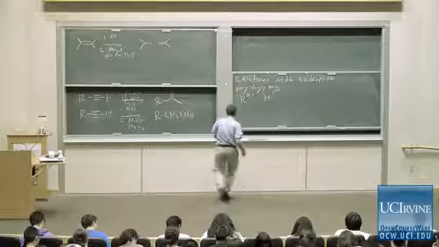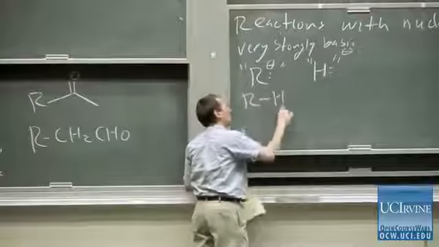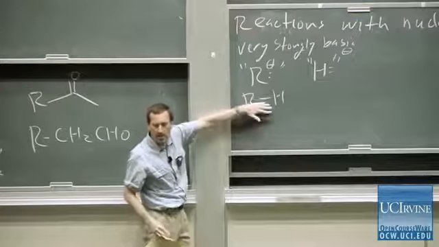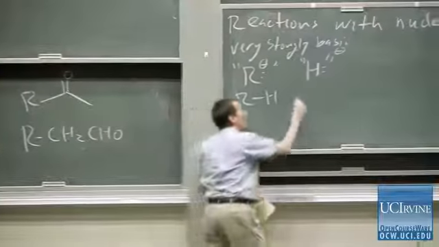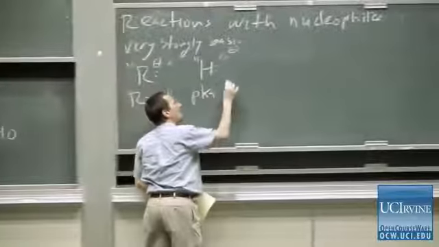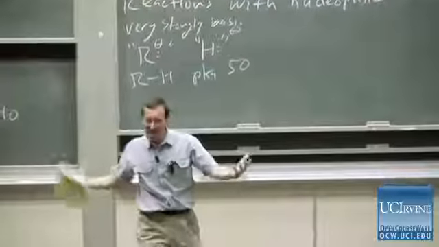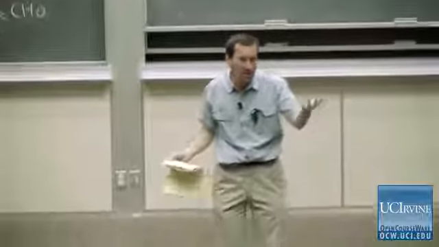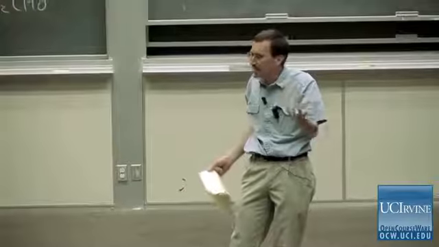And when I think about these nucleophiles, I think, okay, if I were to think of the conjugate acid of the nucleophile, RH, for an alkane, I would remember, oh yeah, it has a pKa of 50. An alkane is a very weak acid. It's not an acid that if I pour it into water, I'm going to measure any acidity. The water will still be pH 7.